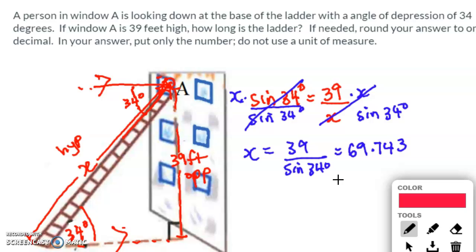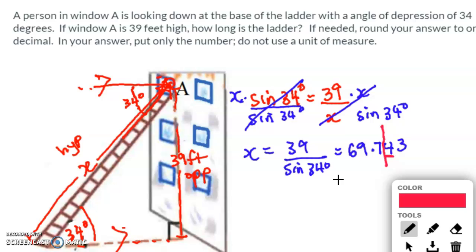Okay, now it says to round your answer to one decimal. One decimal means one decimal place. So this is one decimal, two decimal, three decimal. So that means we want to cut it off right here. But before we cut it off, we need to consider the digit that comes after where we are cutting off. And the number is 4, which is 4 or less.